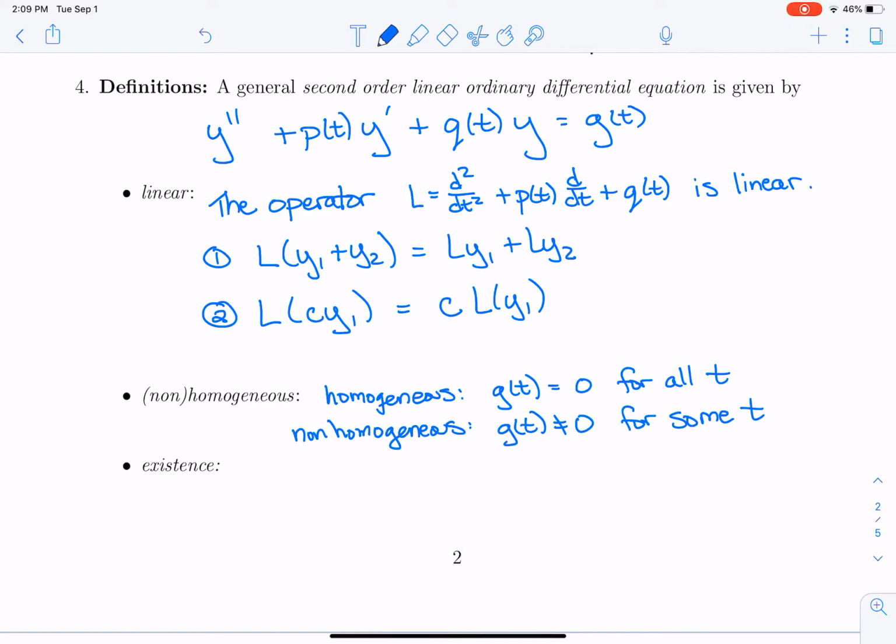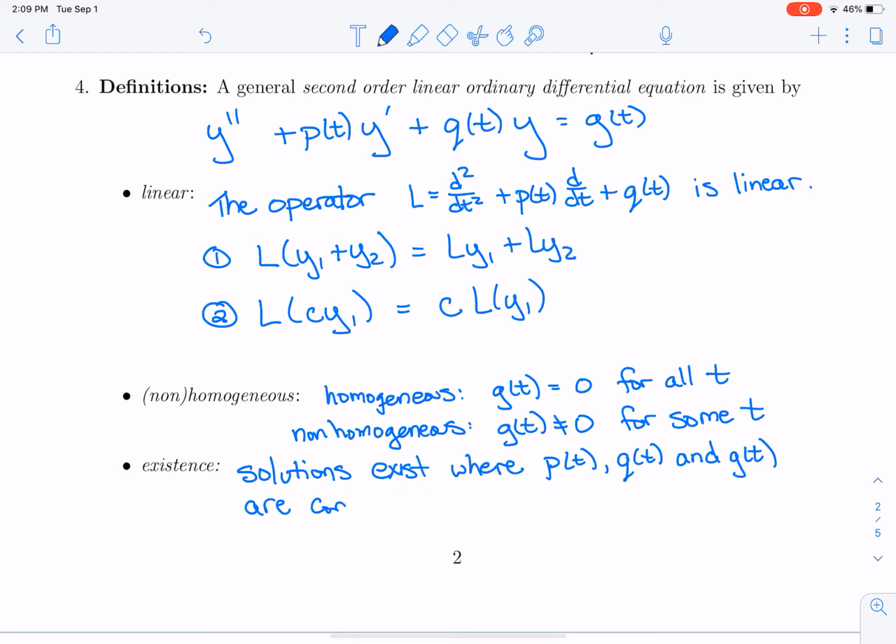So I will just state without proof for now that solutions exist where the functions p of t, q of t, and g of t are continuous. So as long as those functions are continuous, then we can say that a solution exists.